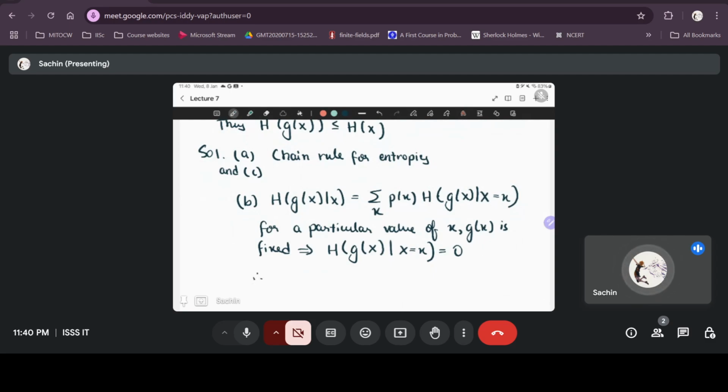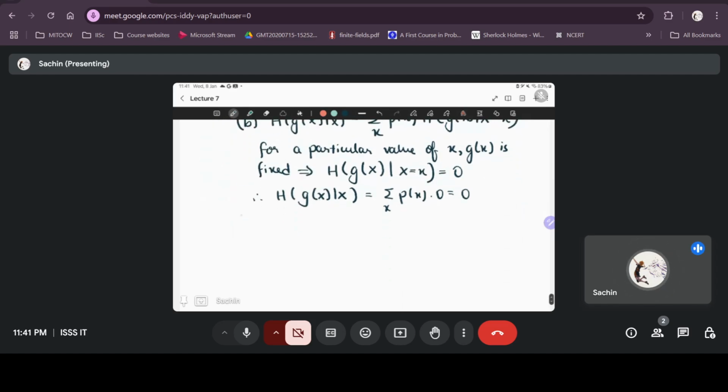This is true for all values small x. Therefore, H of g of X given capital X is summation over all x p of x times 0, which is 0. That's the justification for B.